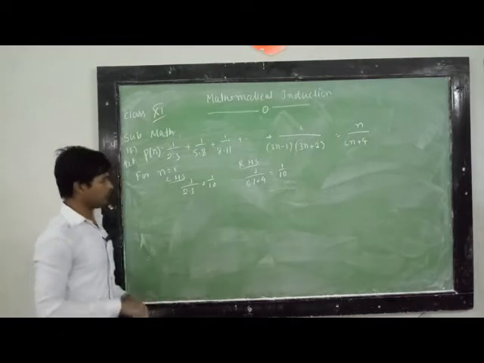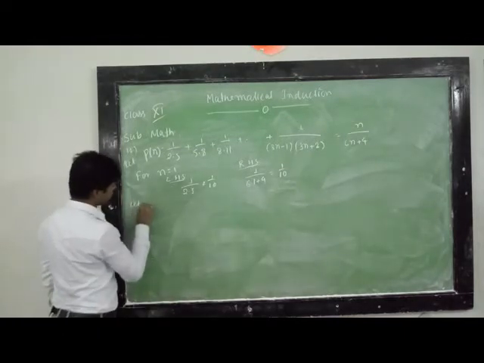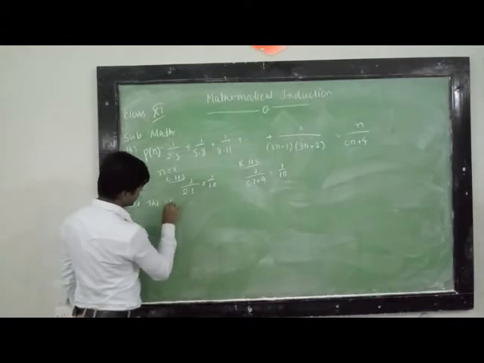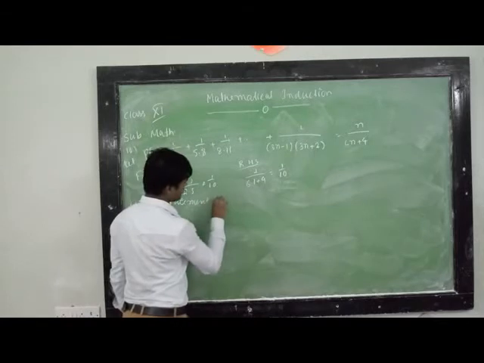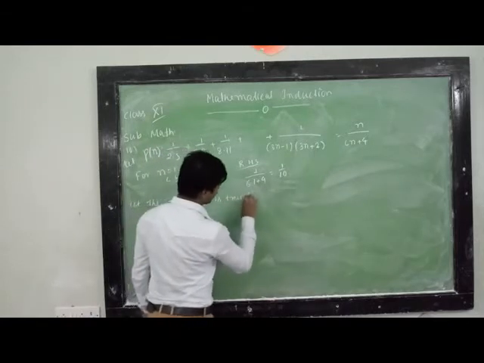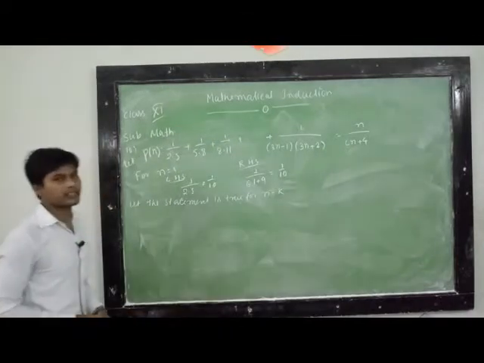Now we'll consider that the statement is true for n equal to k. Let the statement be true for n equal to k, where k is an arbitrary natural number.